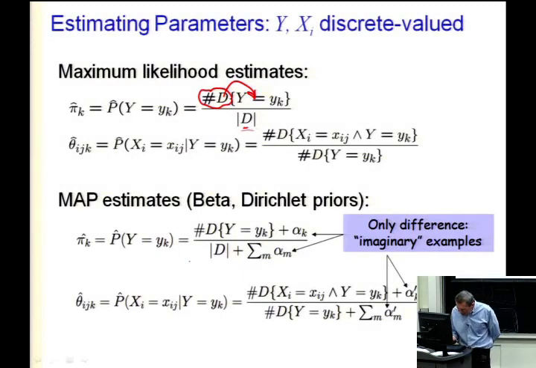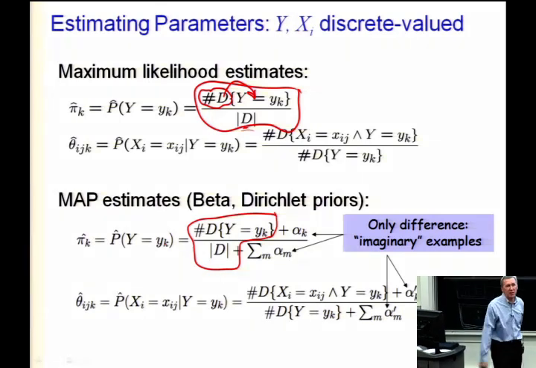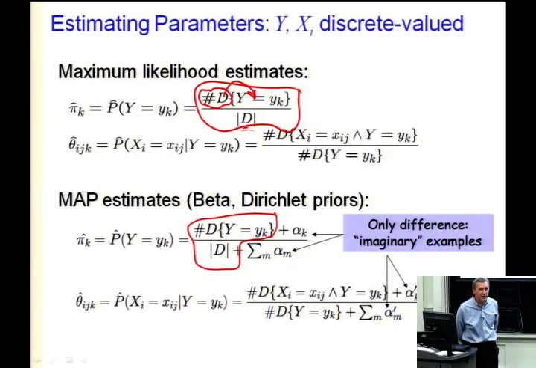But in the MAP estimate, we take that same thing, except that we add in our hallucinated examples associated with each of the possible values that y can take on.